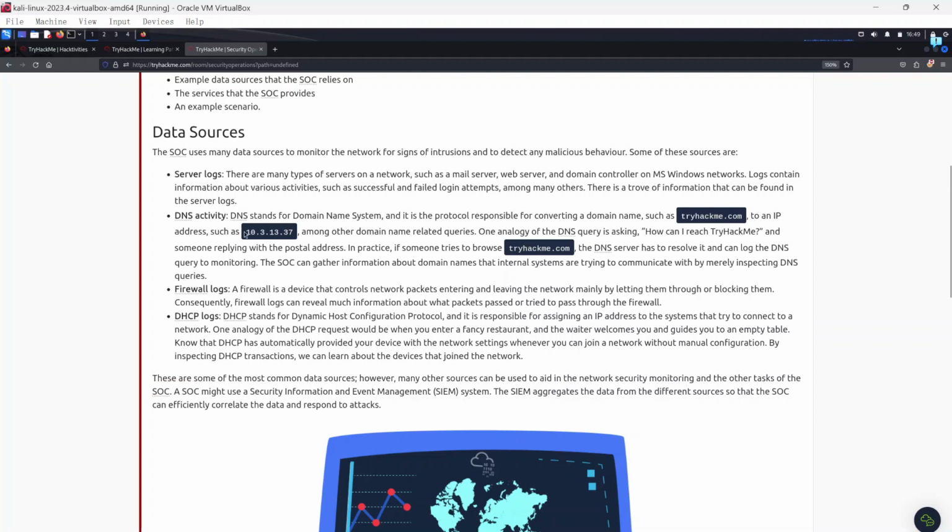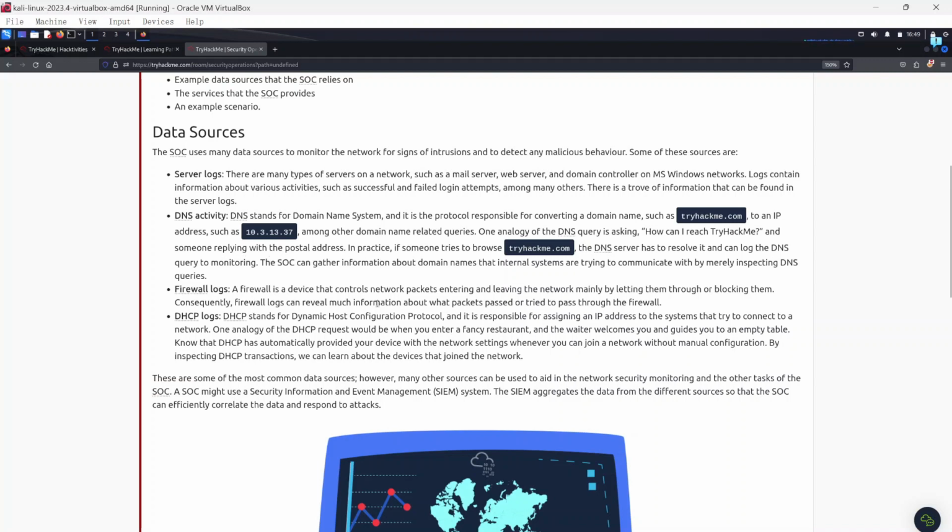DNS activities. DNS stands for domain name system, and it is the protocol responsible for converting a domain name such as Tryhackme to an IP address such as 10.3.13.37. Among other domain name related queries, one analogy of the DNS query is asking, how can I reach Tryhackme? And someone replying with the postal address.